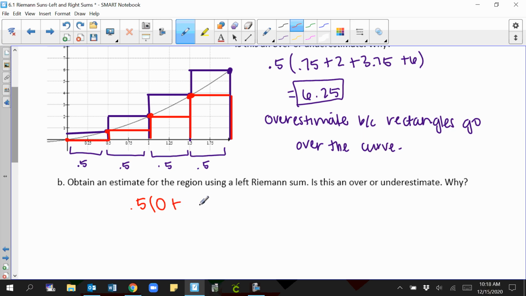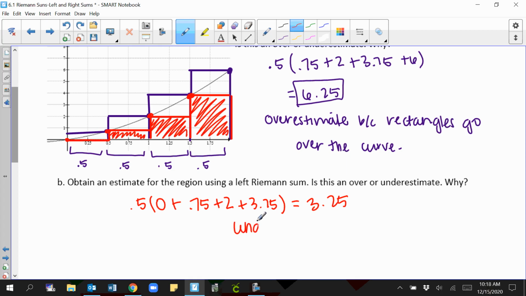Right here at 0.5, it's going to be a 0.75. At 1, we have the height of 2. And at 1.5, we have that height of 3.75. So we're still making rectangles, but this time instead of them being over the curve, they go under the curve here. So when I add all of this up, I end up with 3.25.